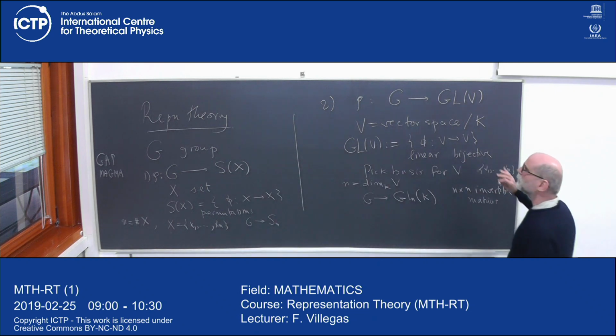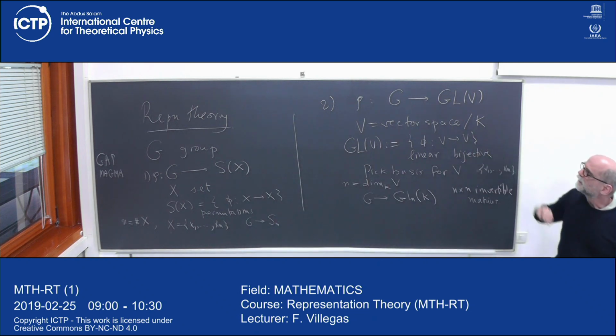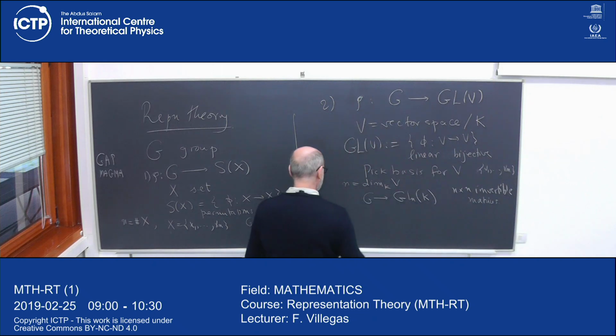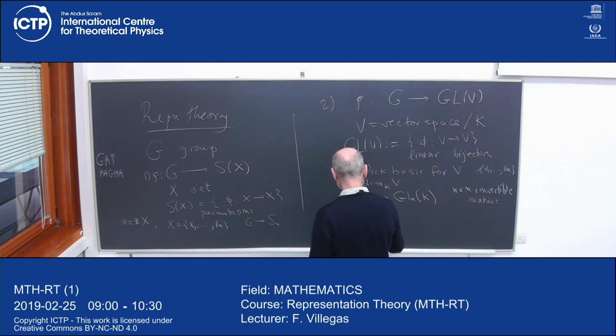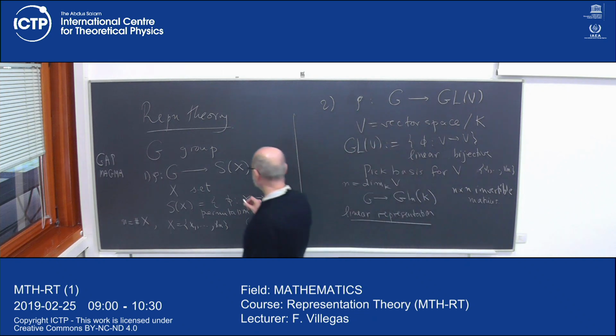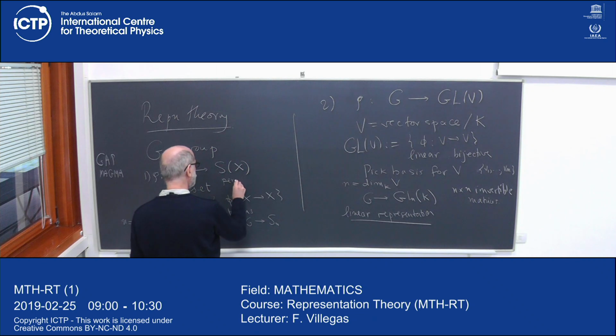And as I said, the course would be basically the study of these linear map representations for a finite group. So these we will call linear representations. And this will be called a permutational representation.